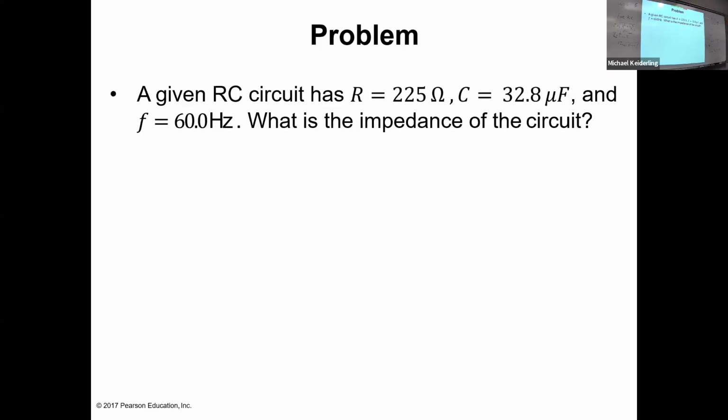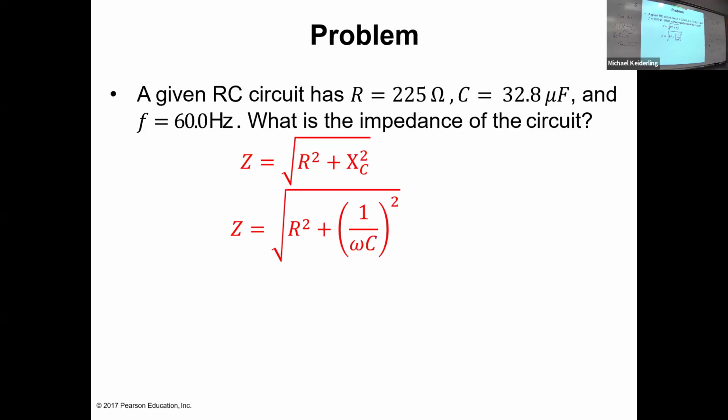So in an RC circuit, impedance is the square root of R squared plus X sub C squared. So that's going to be the square root of R squared plus (1 over omega C) squared.